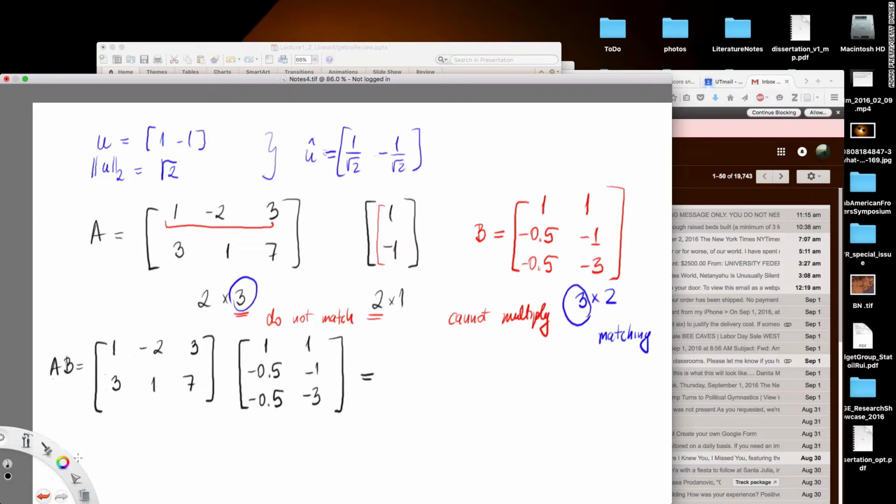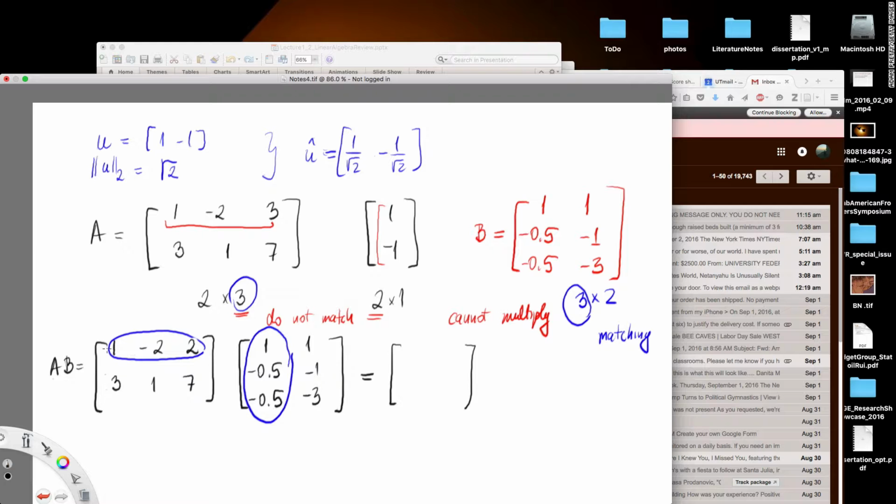So essentially, first I'm going to do this first row and first column, and I'm going to place that result in this matrix. So 1 times 1 plus minus 2 times minus 0.5 is also 1.